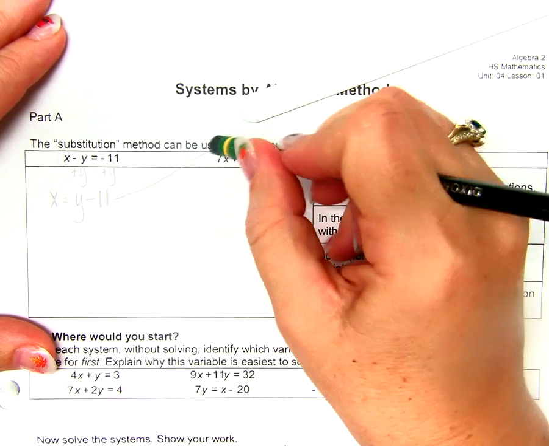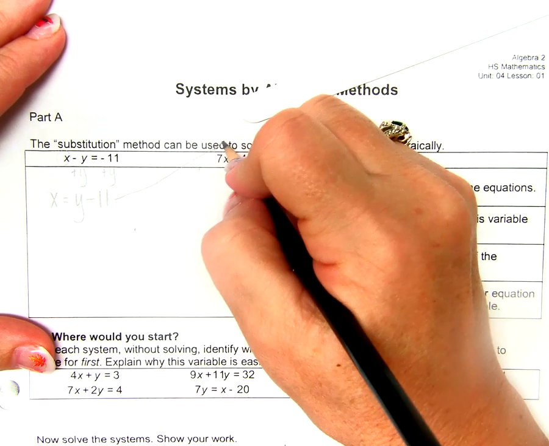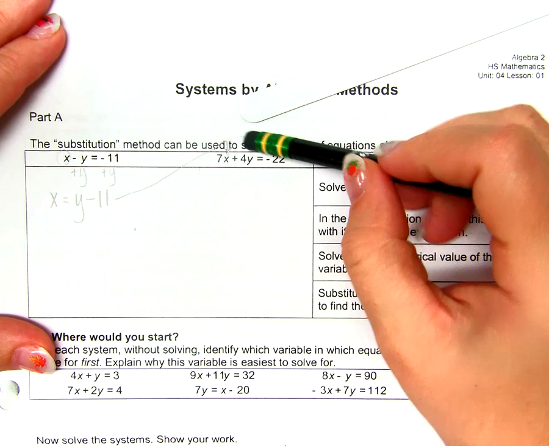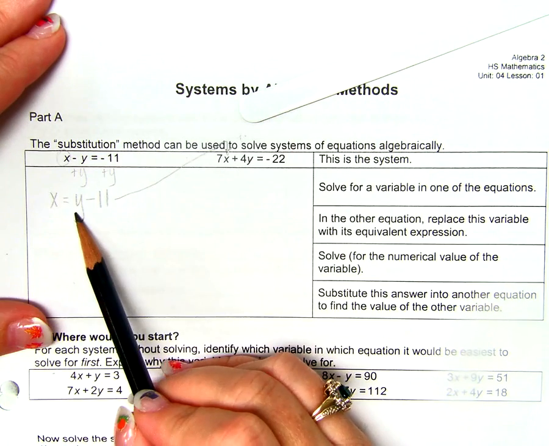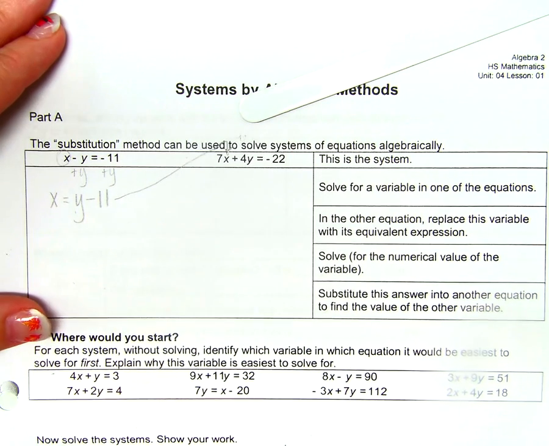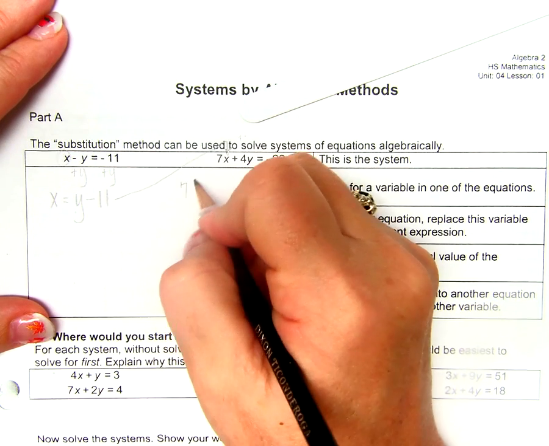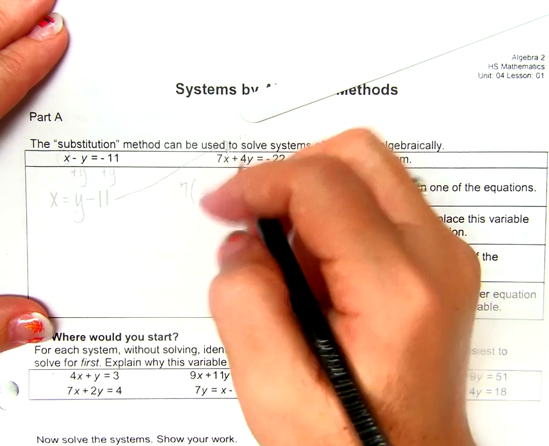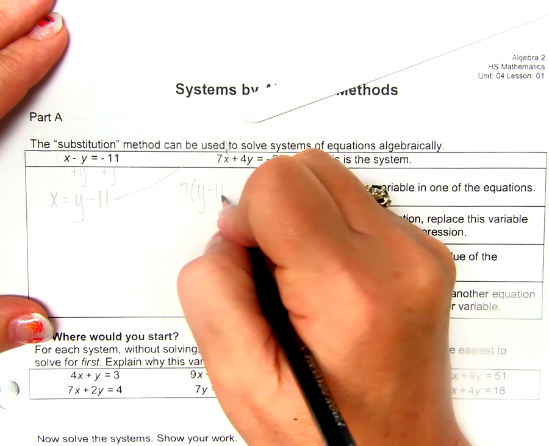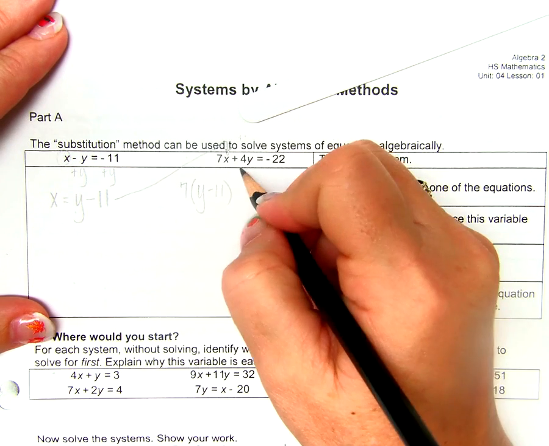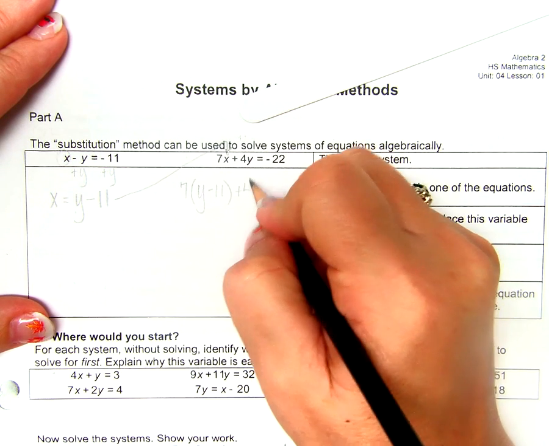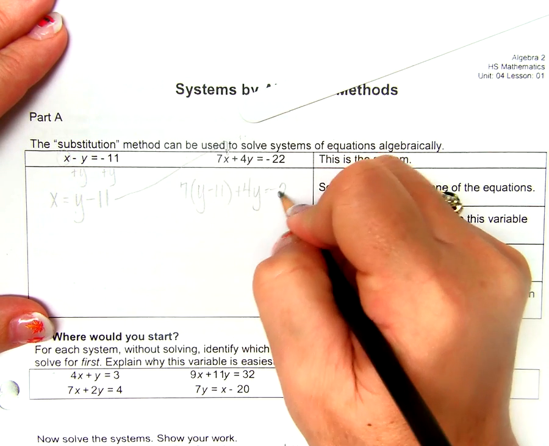And I'm going to rewrite the equation, except wherever it says an x, I'm going to instead write y minus 11. Because that's what I know that x equals. So I have 7 times, not x, but y minus 11. Then I keep writing this equation. Plus 4y equals negative 22.